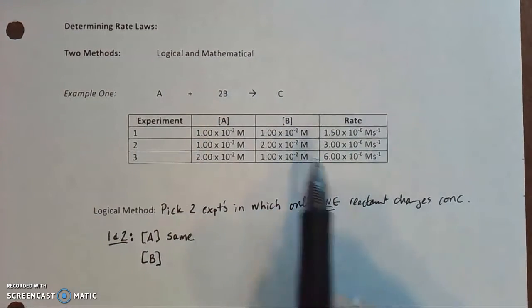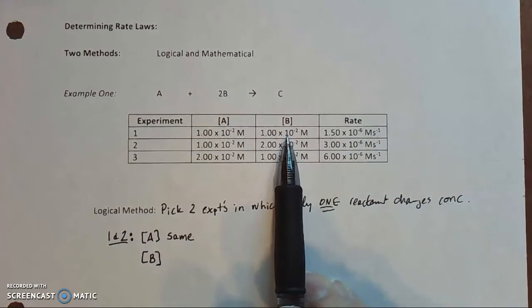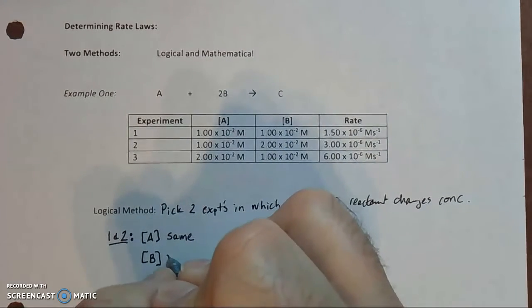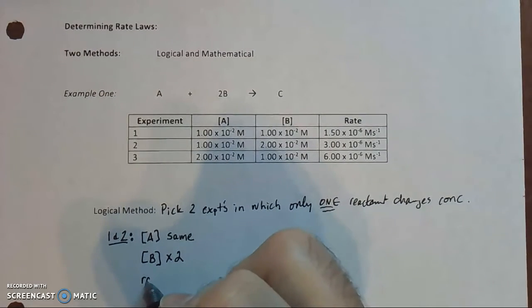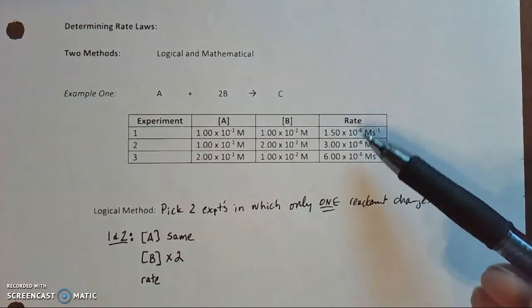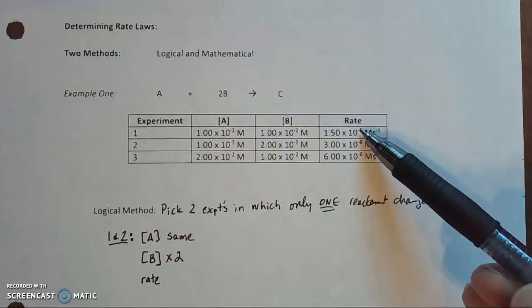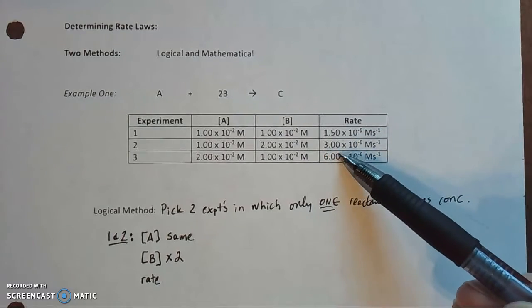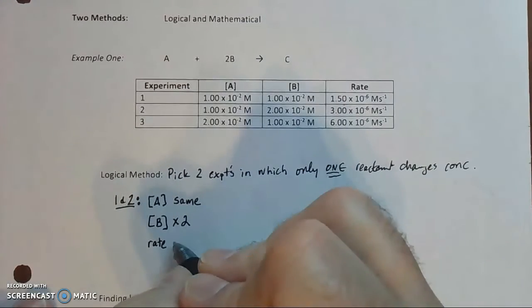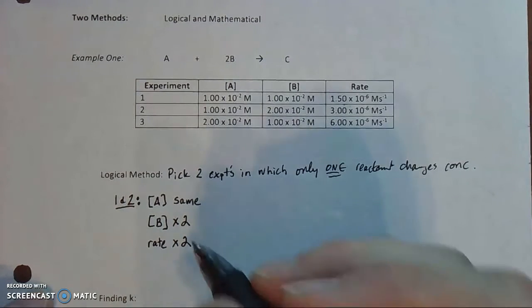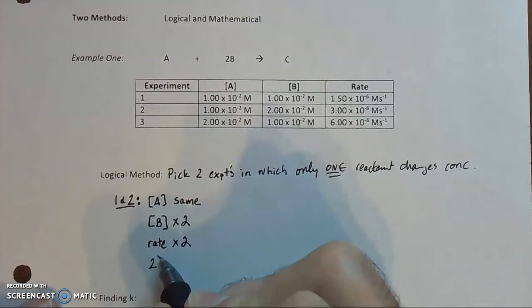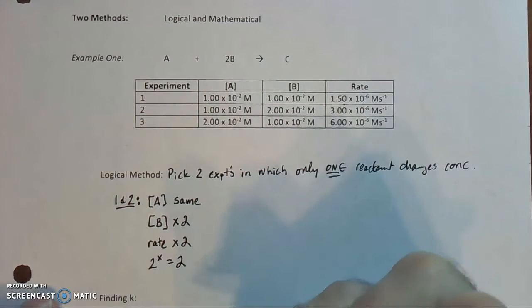If we look at B, it goes from 1 times 10 to the minus second to 2 times 10 to the minus second. So it doubles in concentration. The rate goes from 1.5 times 10 to the minus 6th to 3 times 10 to the minus 6th. It also doubles. So I can look at this and say, okay, 2 to what power is equal to 2?